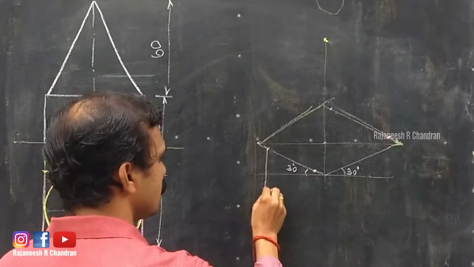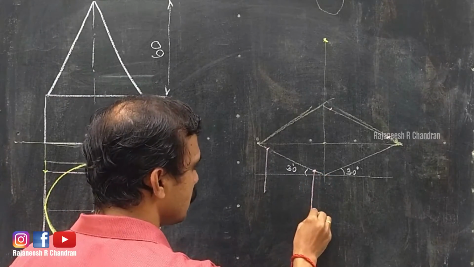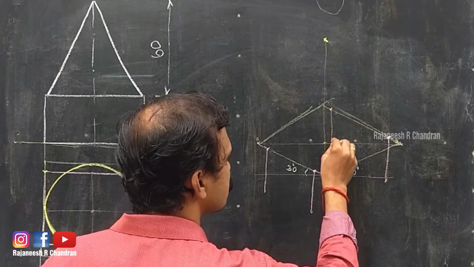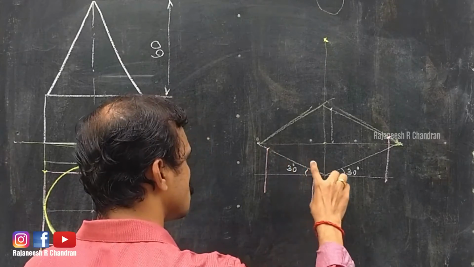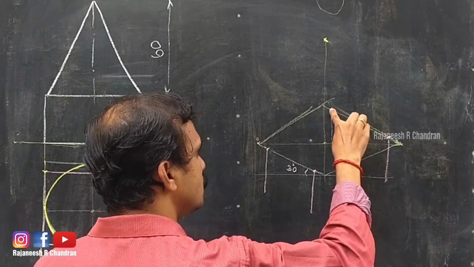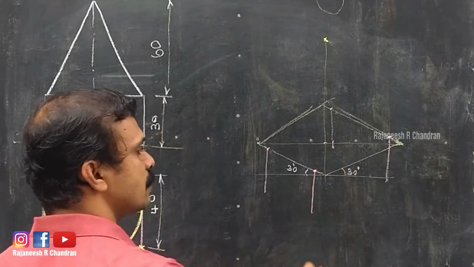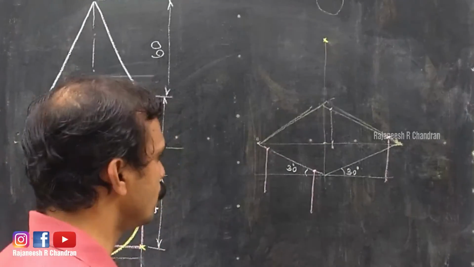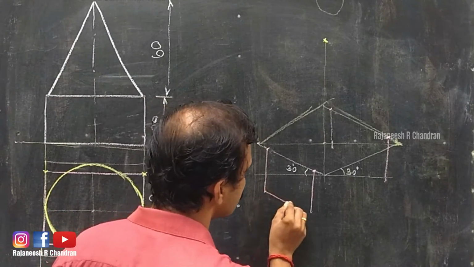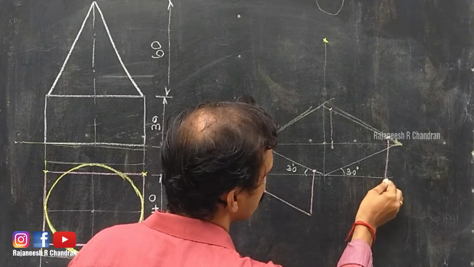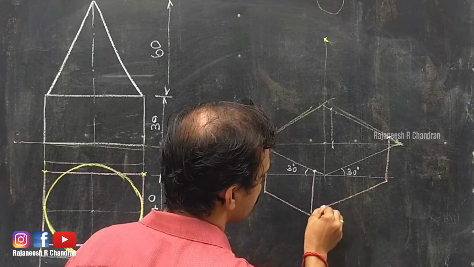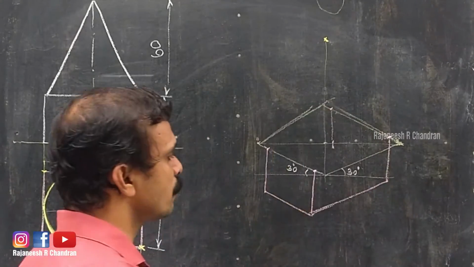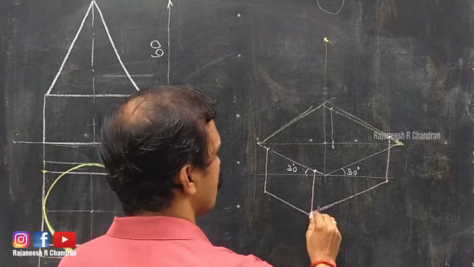So this will be 30, this will be 30, this will be 30, and this will be 30. So now we have obtained the bottom portion of the rectangular block. Now we can complete this. So this is the bottom portion of the rectangular block.